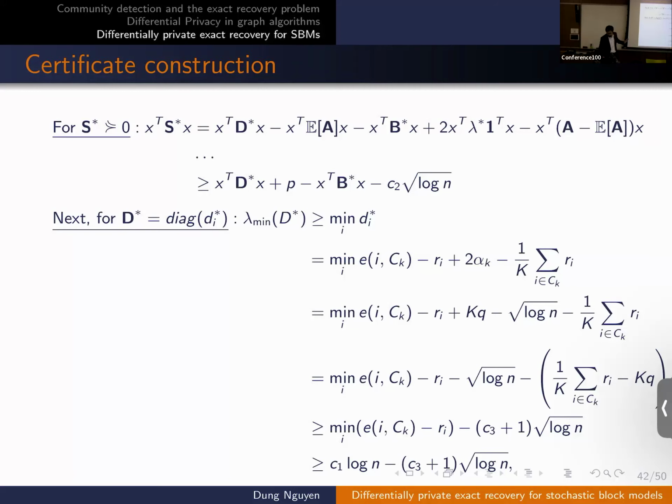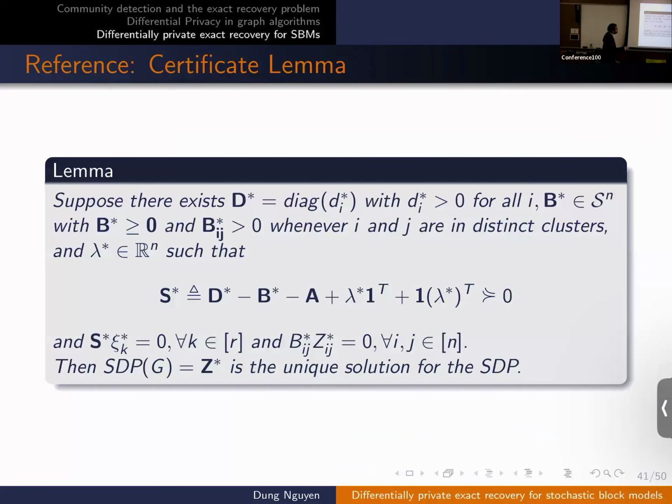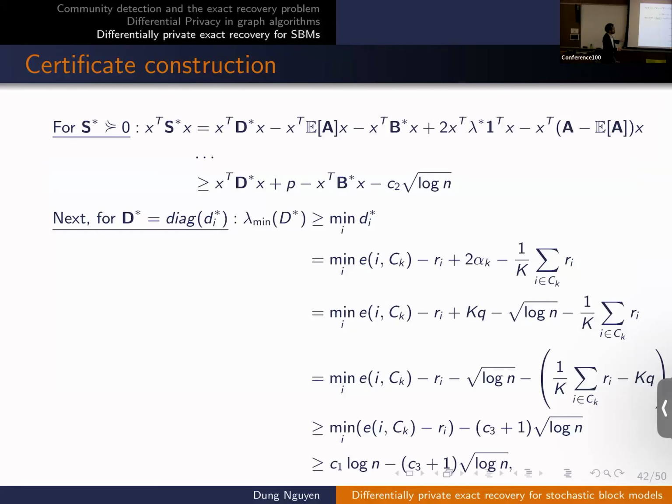So come back to the definition of D star. D star is a matrix of this form. It's a diagonal matrix formed from Bi star here, with Bi star larger than 0. So conveniently, we set Bi star equal to this whole quantity on the right-hand side.